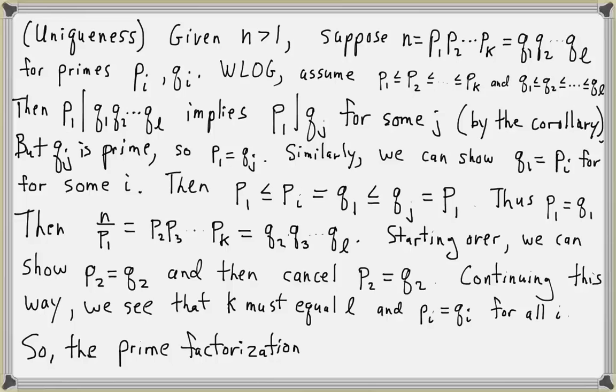So the prime factorization of n is unique. And this finishes the fundamental theorem of arithmetic.